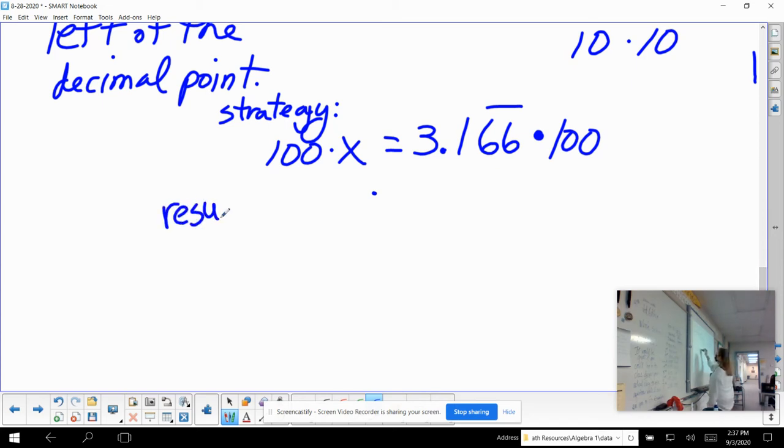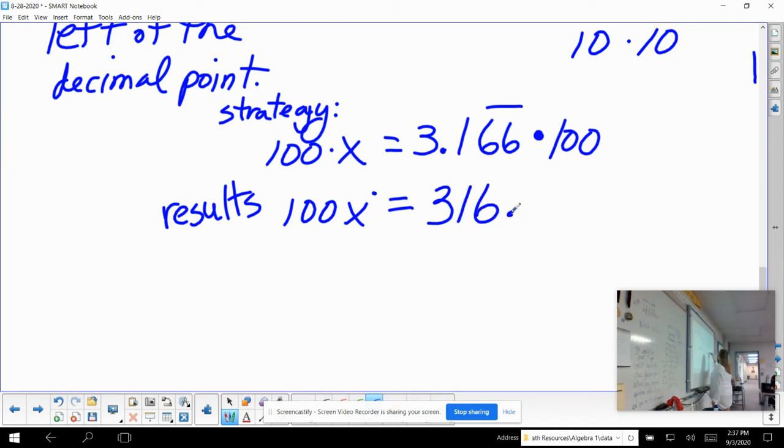And the next line, this always happens in algebra. The next line is your results. So 100x equals, now remember, when we multiply by 2 10 multipliers, we get to go over 2 places. And now those 6's would just keep going. So here's my big equation.